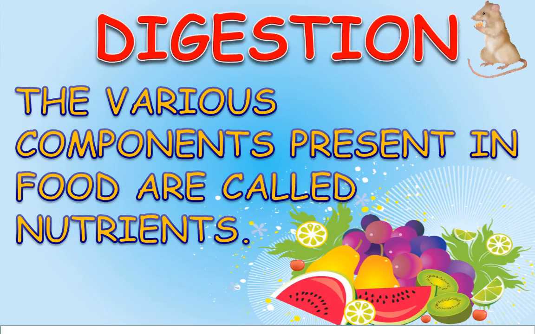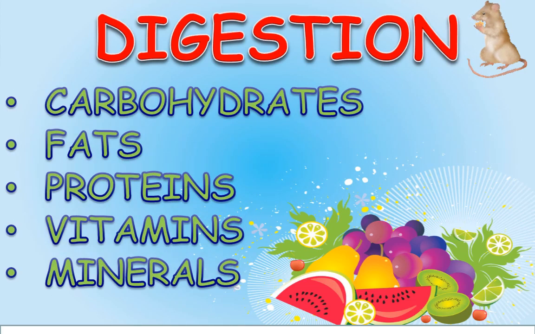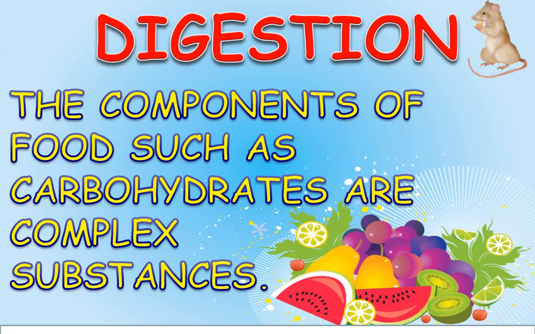You have studied in class 6 that food consists of many components which are known as nutrients. Try to recall and list them. Carbohydrates, fats, proteins, vitamins, minerals. The components of food such as carbohydrates are complex substances.